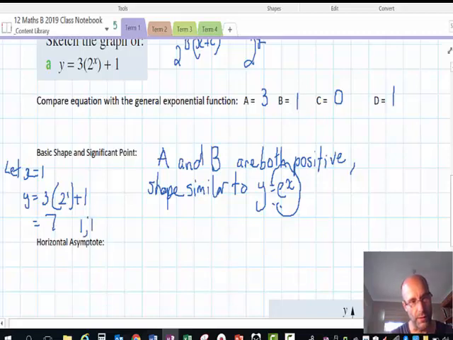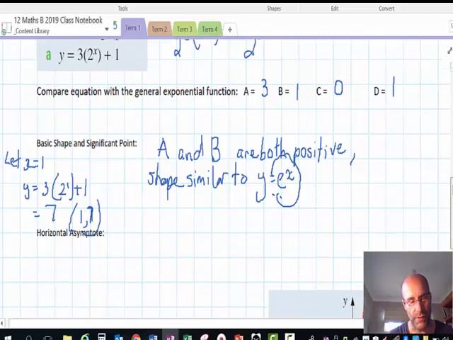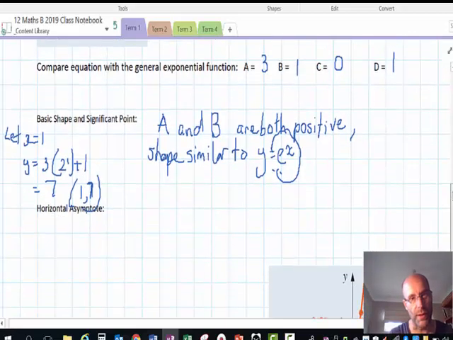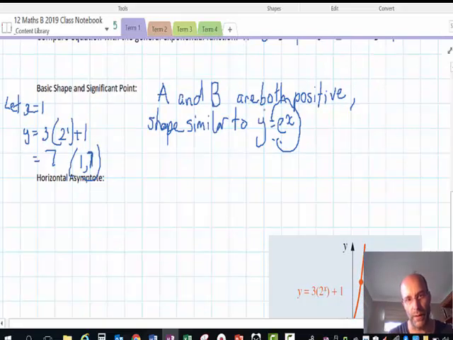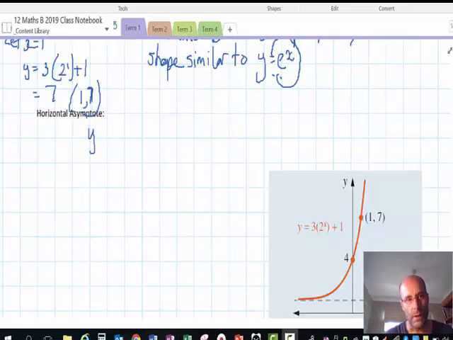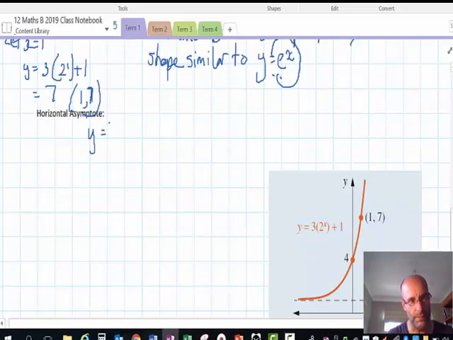So we have the point (1, 7) when we plot it, and we'll note that that'll give us an idea of how quickly it's rising compared to other exponentials with positive A's and B's. The horizontal asymptote, which we looked at previously, that's a case of when y equals D.